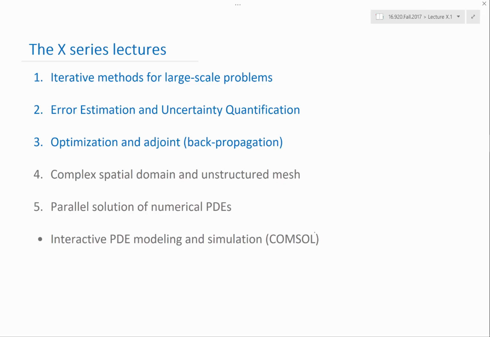And something I haven't decided: if we talk about the first three, we probably don't have time to talk about a complex spatial domain and unstructured mesh. That's usually in the context of either finite volume or finite elements, and also parallel solution of numerical PDEs.